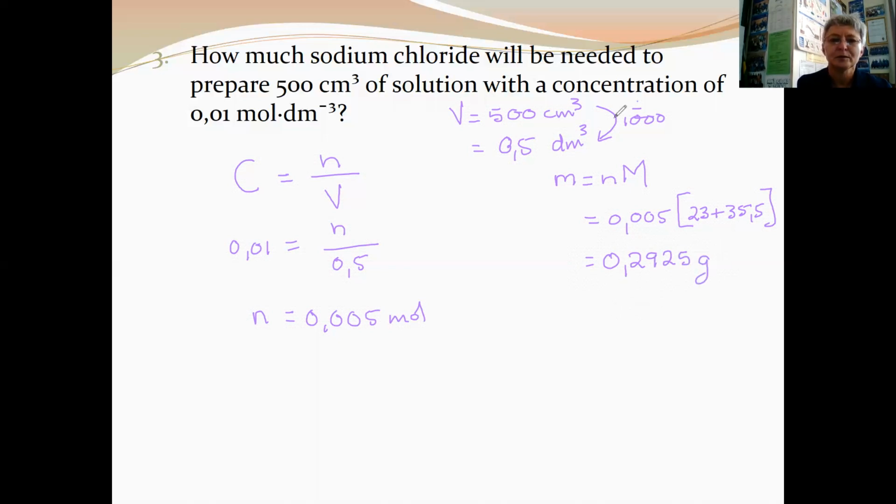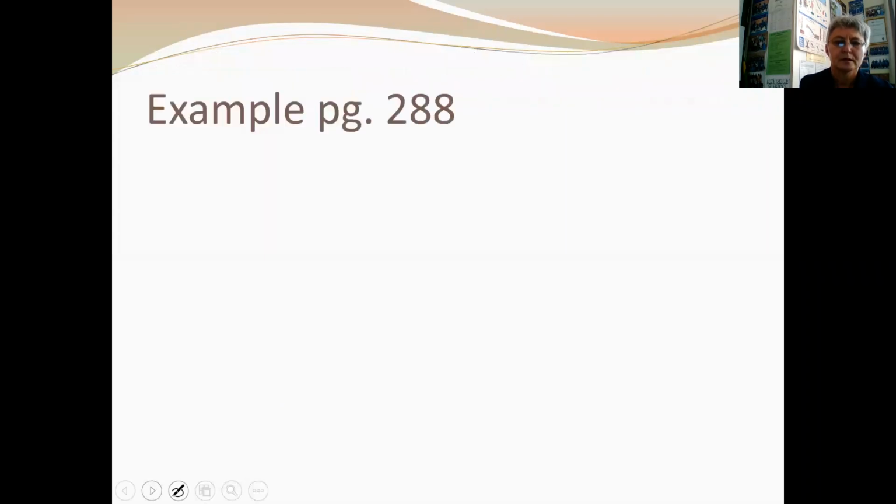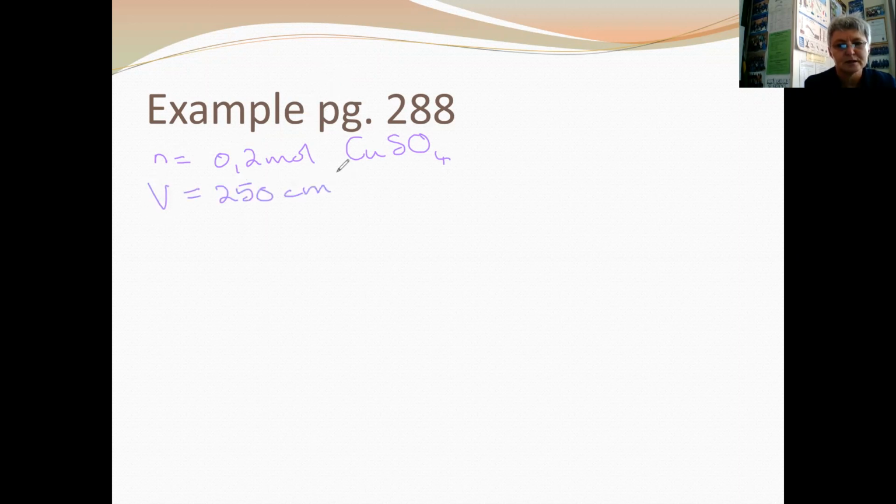Right, next example is on page 288 in your textbook. They say calculate the concentration of a solution that contains 0.2 moles of copper sulfate. That's the n. And the volume must be 250 cubic centimeters.